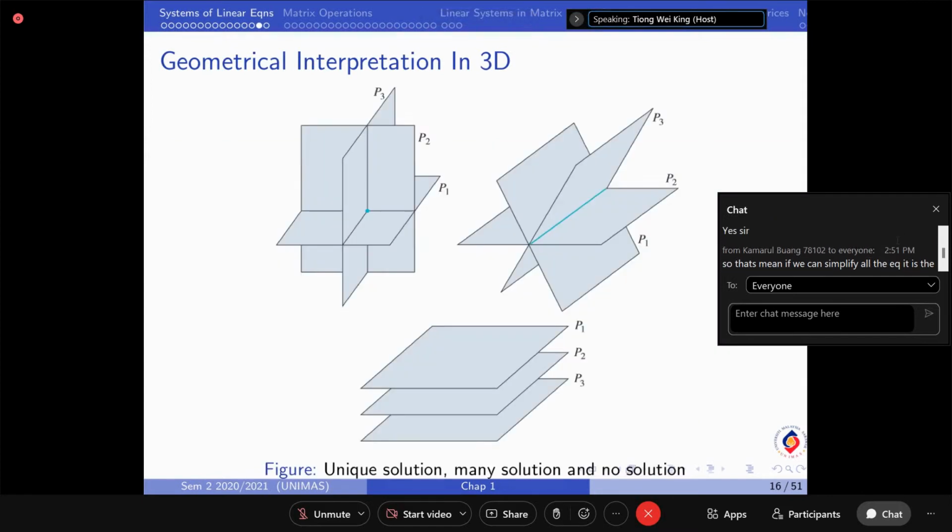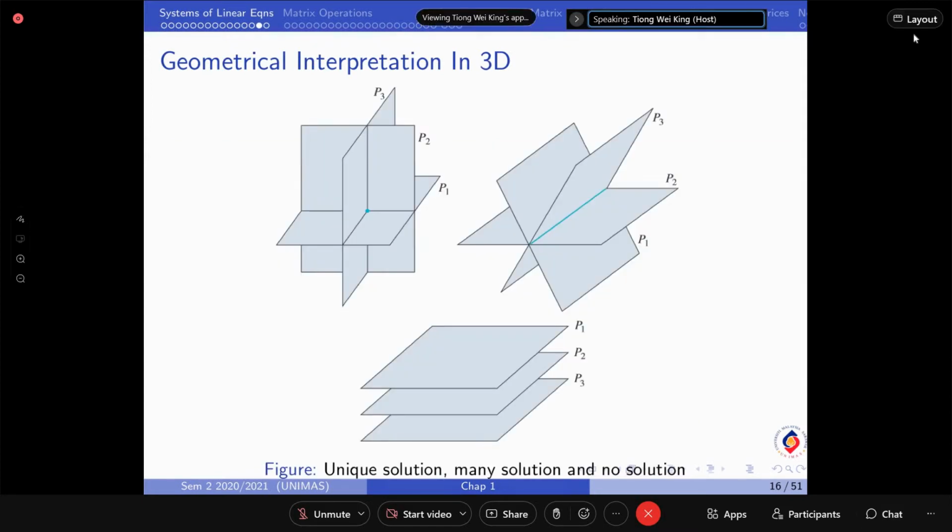Now for the 3D, if you plot the axis, we have three unknowns, x, y, and z.